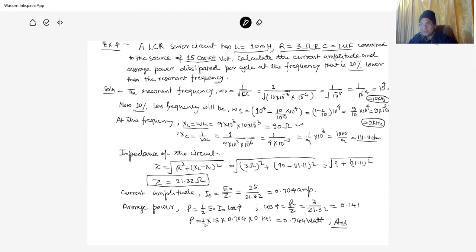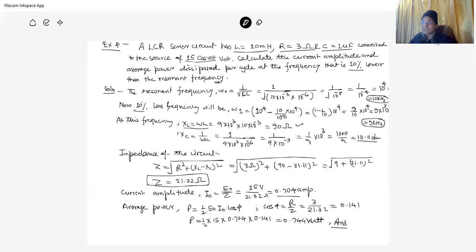So the current amplitude I0 is E0 by Z. E0 is 15 volt, and here it is 21.3. So the current is 0.704 ampere.